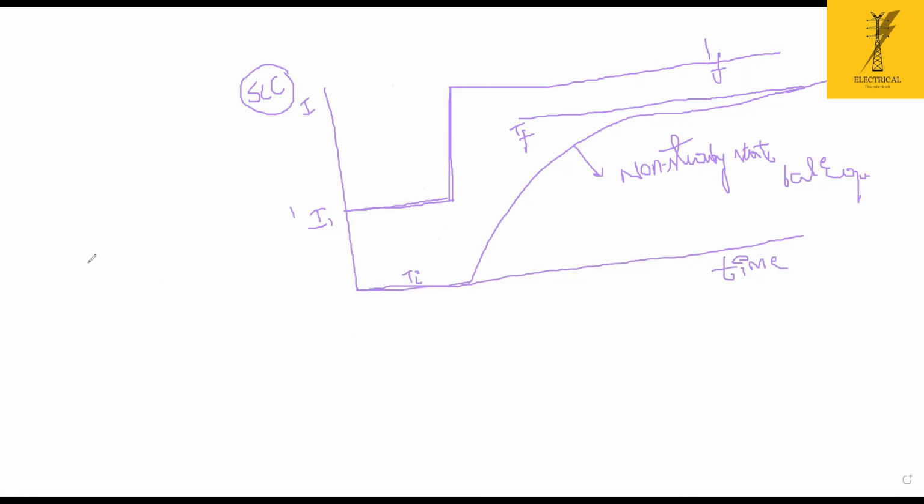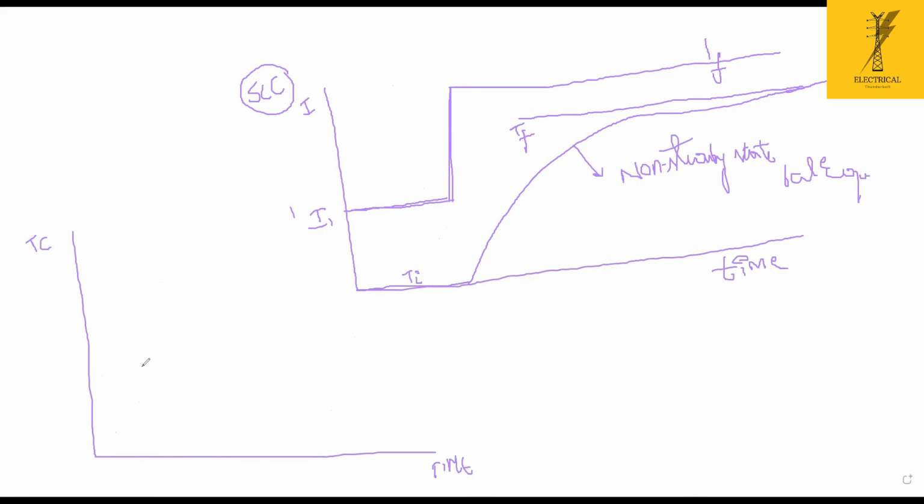Now suppose I have a conductor like a Panther conductor, or any conductor, with 400 square mm area. The conductor temperature is Tc, plotted against time. Now I am talking about the thermal ratings of the conductor.